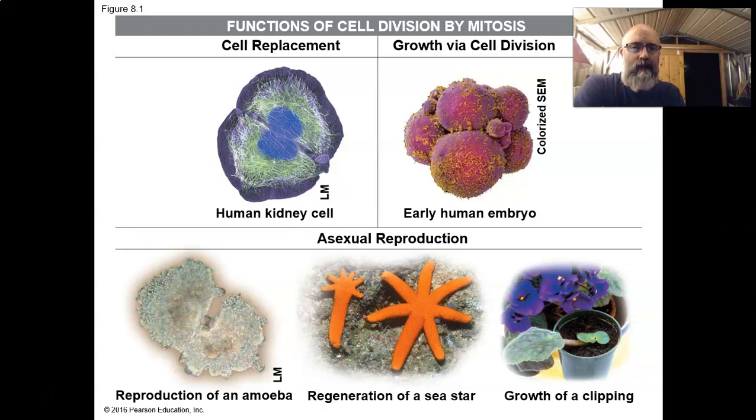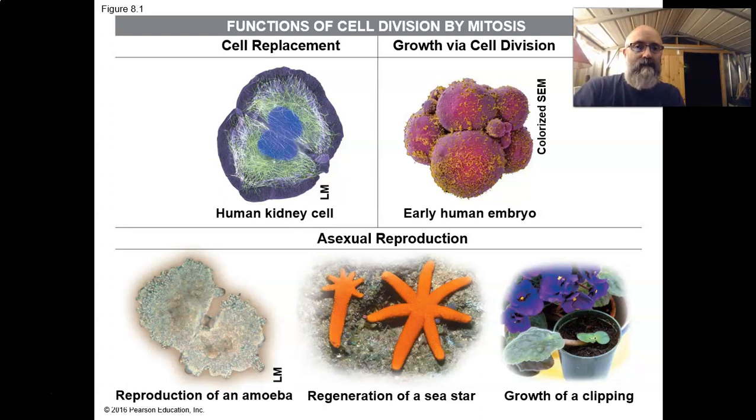So if you have kidney damage, maybe you have a virus, maybe you've eaten some kind of poison, and your kidney is damaged, you may need to repair and grow new kidney tissue.